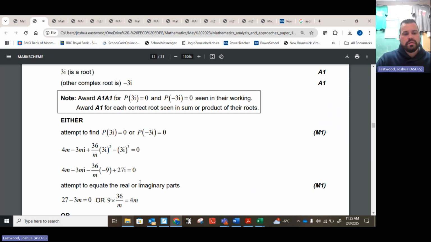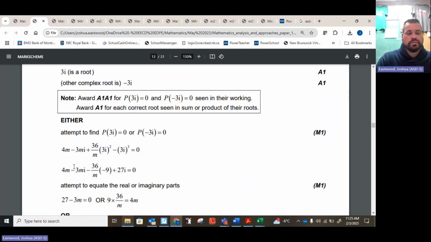We have the real part, which is these two pieces, this one and this one. And then we have the imaginary part, which is the stuff with i on it, so 27 and minus 3m. You can look at either of those to recognize that they have to be 0.